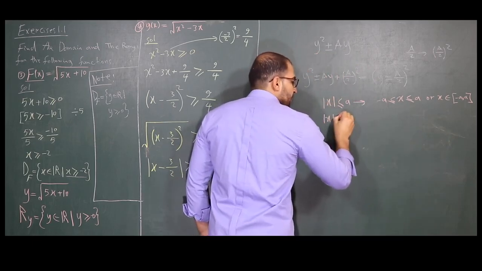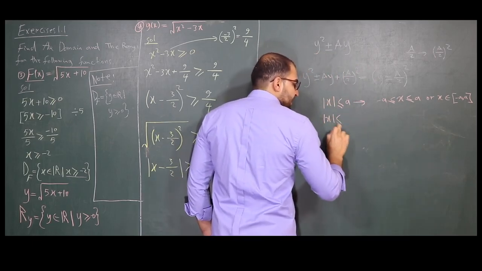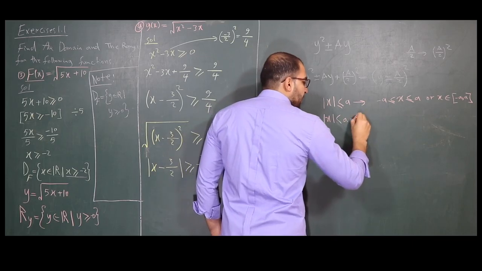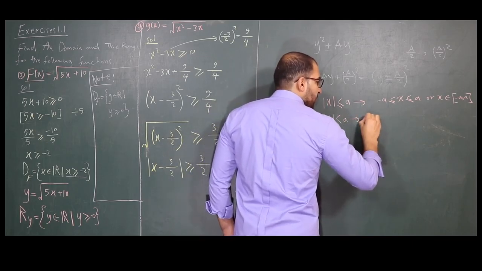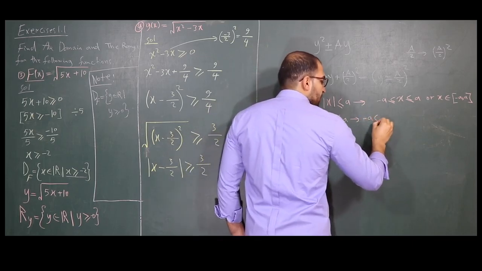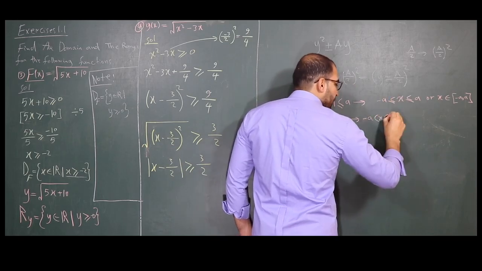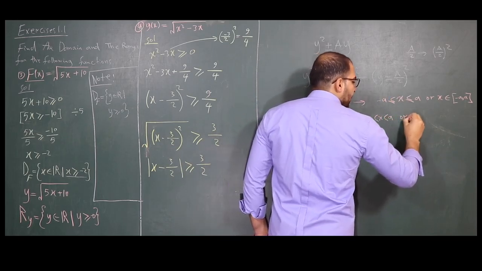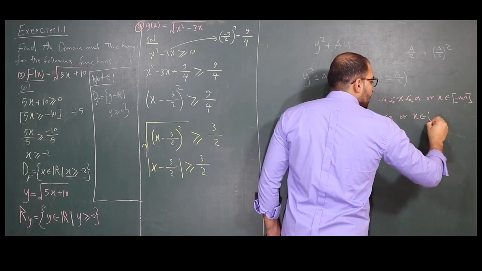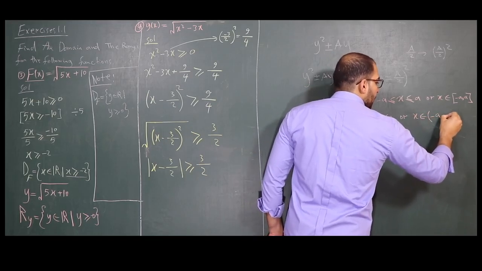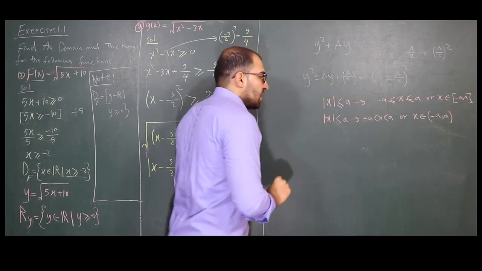If the absolute value of x is less than a, without equality, I will get the same thing but without equality, or I can say that x belongs to the open interval minus a and a.